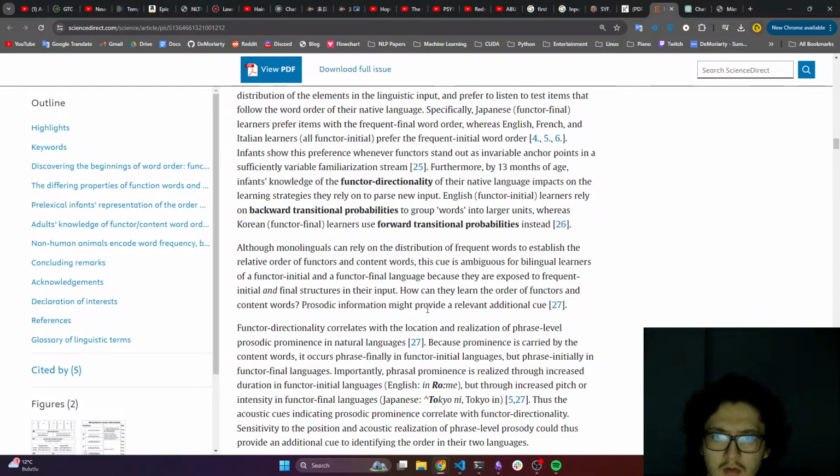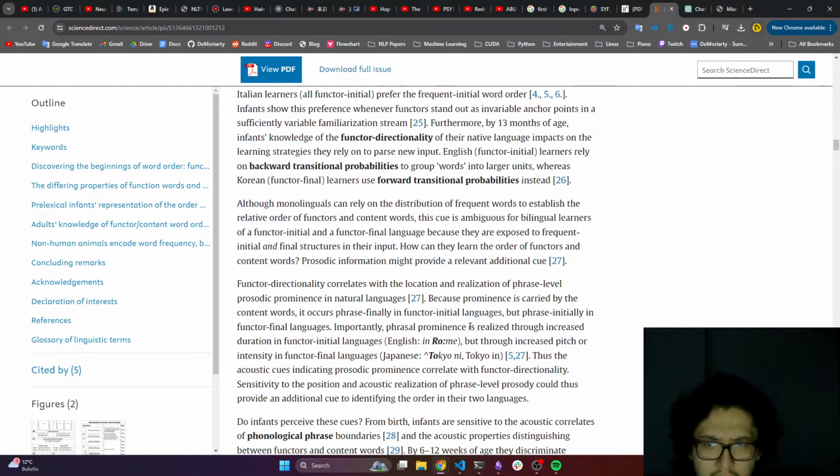Although monolinguals can rely on this distribution of frequent words to establish the relative order of functors and content words, this cue is ambiguous for bilingual learners of functor-initial and functor-final languages because they are exposed to frequent initial and final structures in there. How can they learn the order of functors and content words?